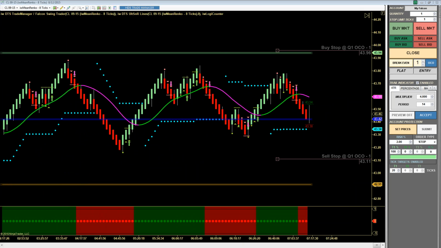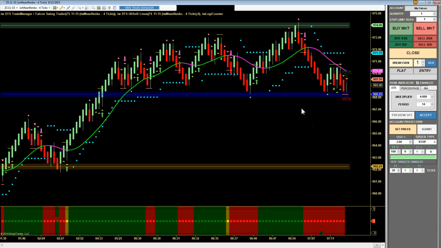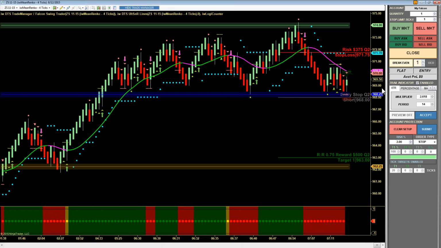And while we're waiting for the inventory report, here's soybeans on the Falcon swing trader, and we're generating a trend change signal. We're against the primary resistance here, so we're looking for it to break the primary resistance to generate our sell signal, or to validate our sell signal. So we've got the warning dot.